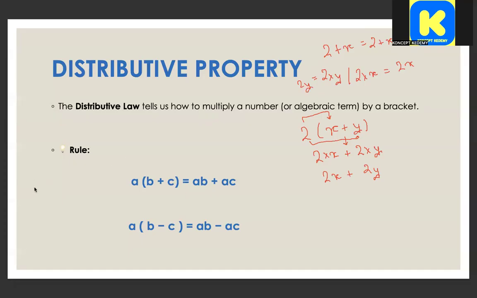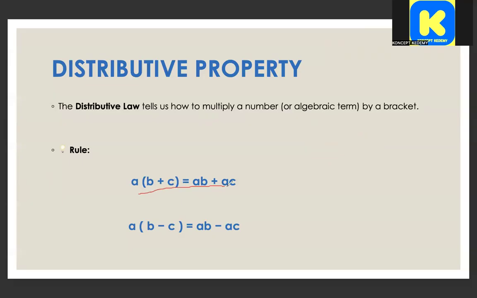And here, as you can see, there are some rules, this one and the one below. So let's go through the first one. Here what we have done: a into b, that is ab. Then this plus sign comes here, and a into c is ac. Now, in the second one, we have just changed the middle sign, and we are going to observe what happens. We will solve it the same way, we just need to make sure that we put the correct sign.